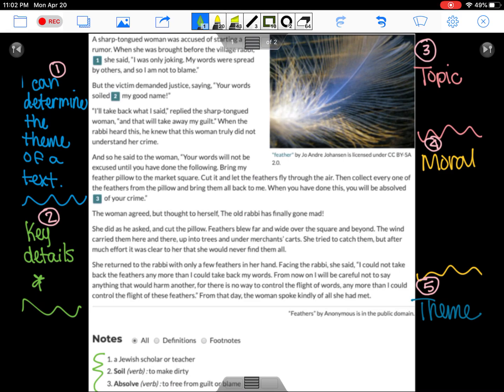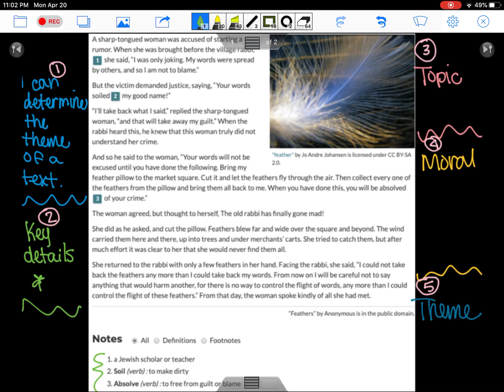Facing the rabbi, she said, "I could not take back the feathers any more than I could take back my words. From now on, I will be careful not to say anything that would harm another, for there is no way to control the flight of words any more than I could control the flight of these feathers." From that day, the woman spoke kindly to all she had met.